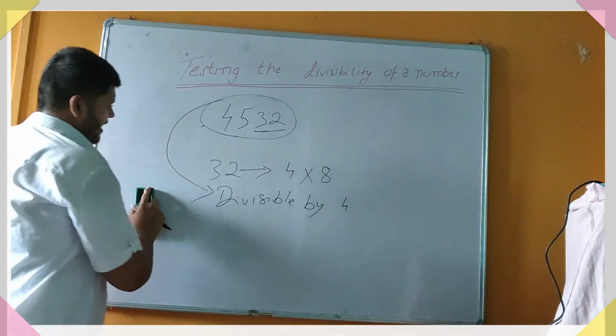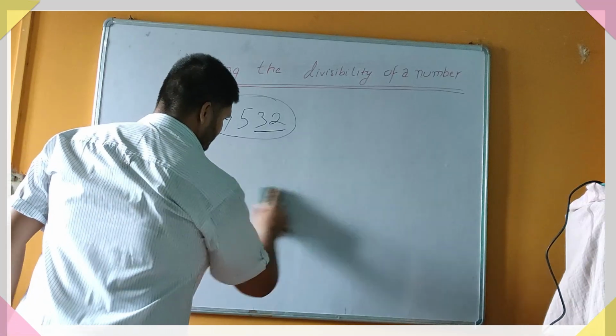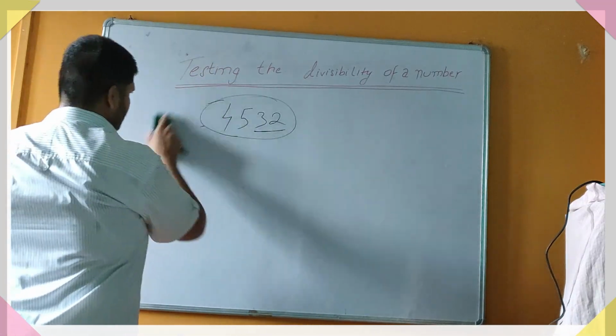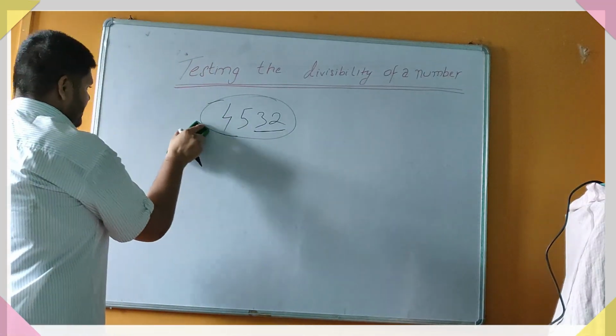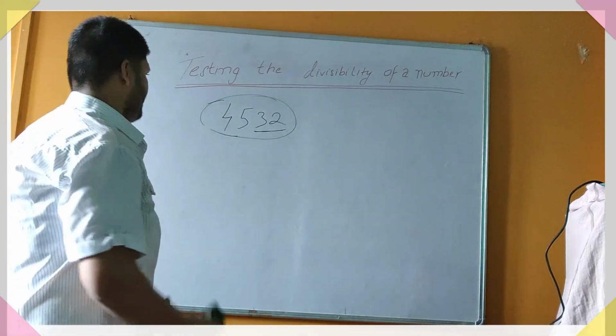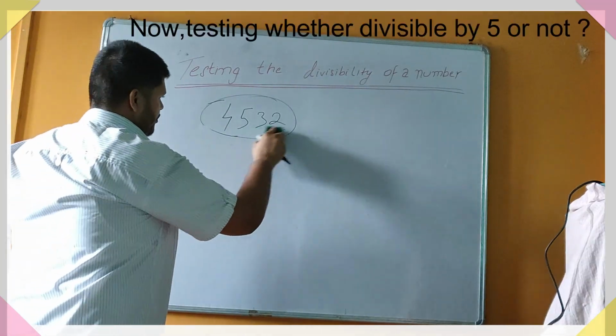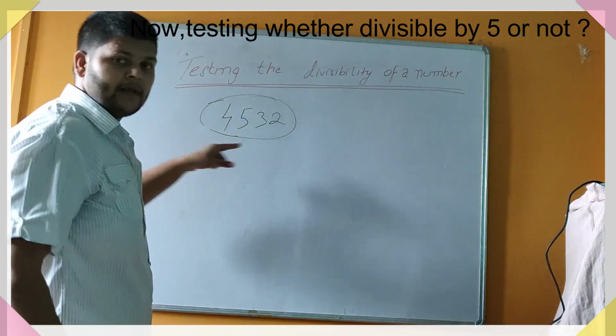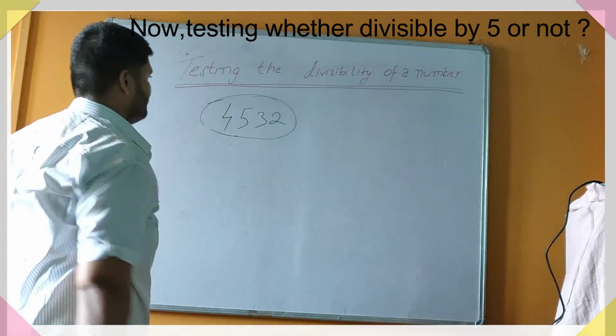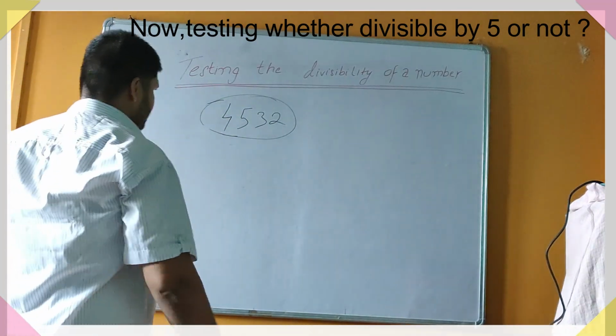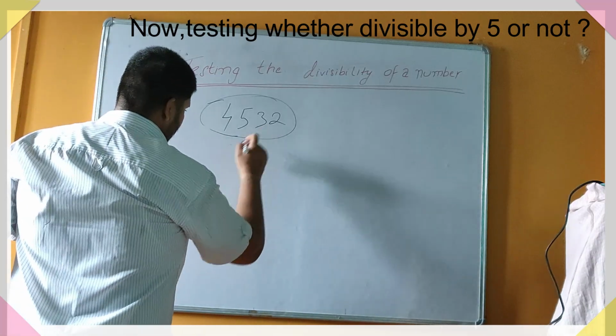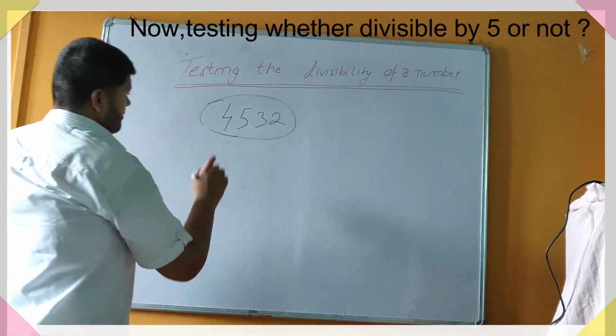Now I am moving with 5. I am taking the same number and I would like to test whether this whole number is divisible by 5 or not. The unit digit here is 2.